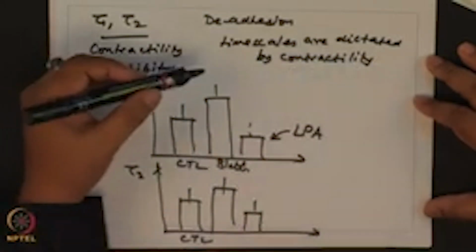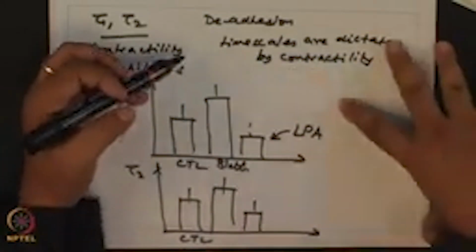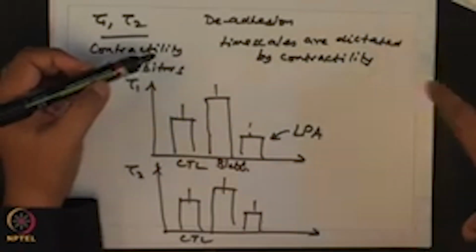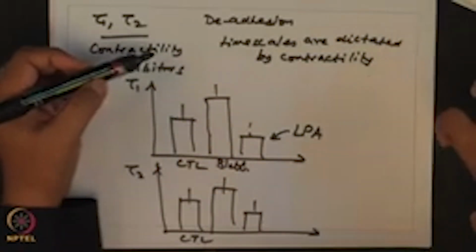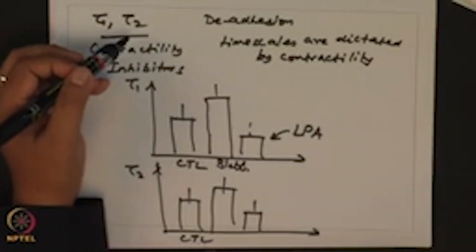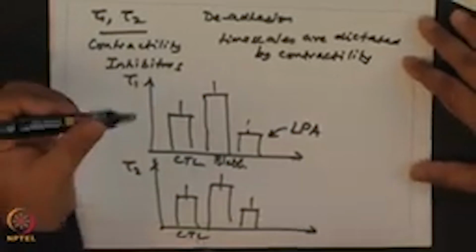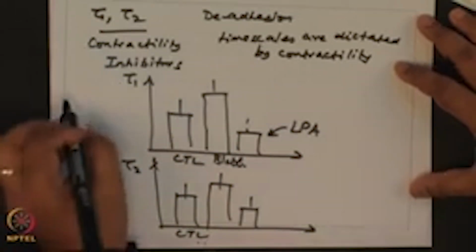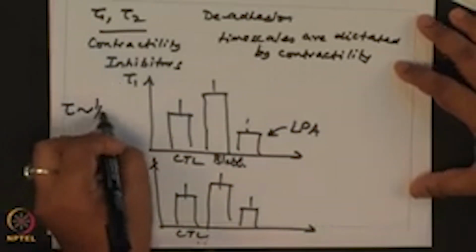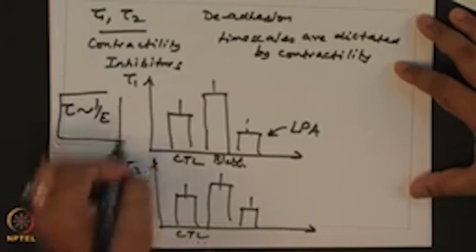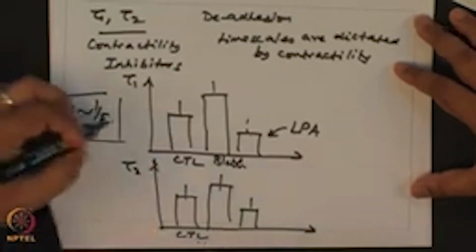So, if a cell is more contractile in nature, then when you treat with trypsin, it will round up that much faster. What has also been observed, by correlating these time constants with the value of stiffness using AFM, is that tau is generally inversely correlated with stiffness.